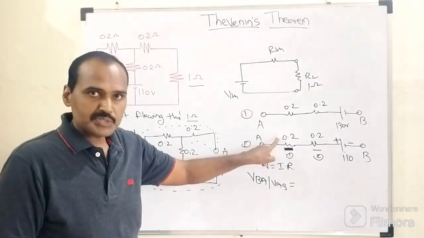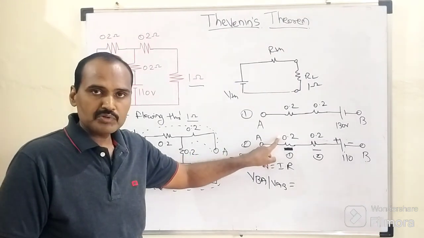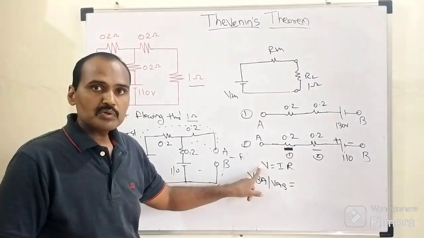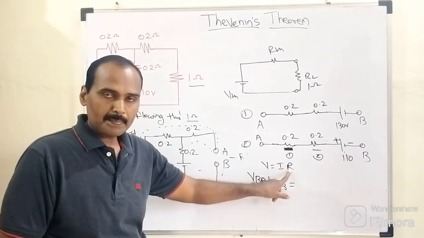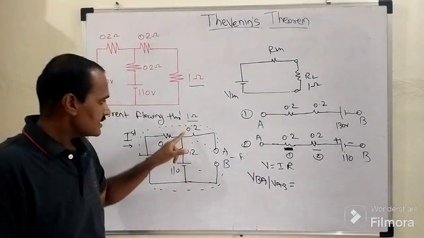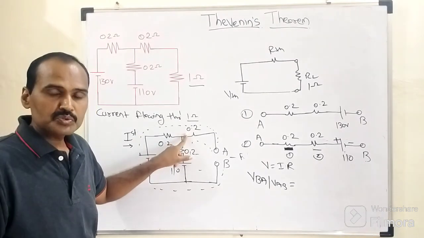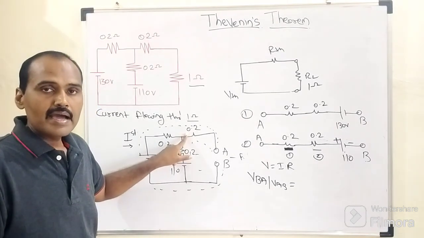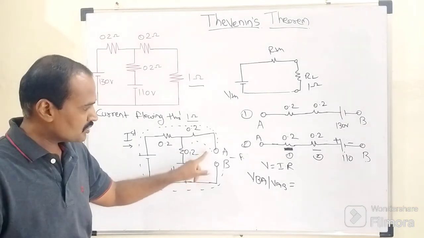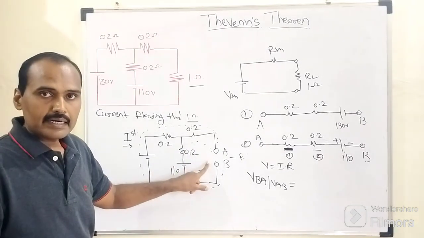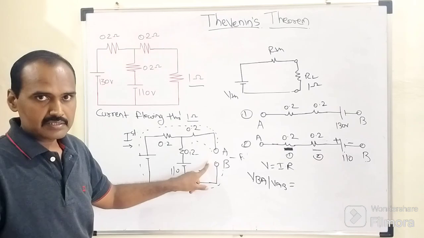If the current flowing through this 0.2 ohm resistor is exactly 0, it means what? The ohmic drop is also 0, because ohmic drop equals what? I into R. The value of this resistor is 0.2 ohm, but the current flowing through it is 0 ampere, because these two terminals are treated as open circuit terminals.